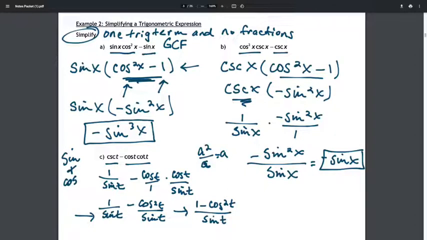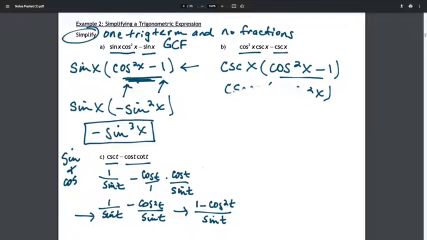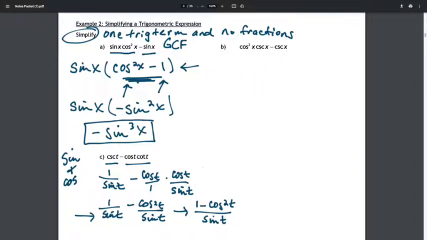And then thinking about your Pythagorean identity, we had cosine squared theta plus sine squared theta equals 1. This looks pretty similar to that. All I need to do is move this over here.